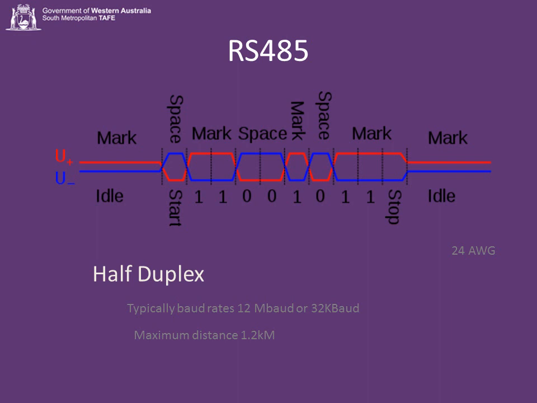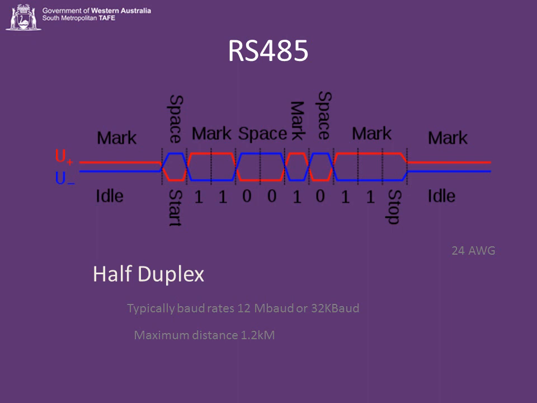So rather than just having 1 pin for send and 1 pin for receive, with RS485, 1 pin has to go positive at the same time as the other pin goes negative in order to recognize a bit. Typically, RS485 will run 12 mega baud or 32,000 baud, and typically it'll run about 1.2 kilometers, or just less than half a mile.